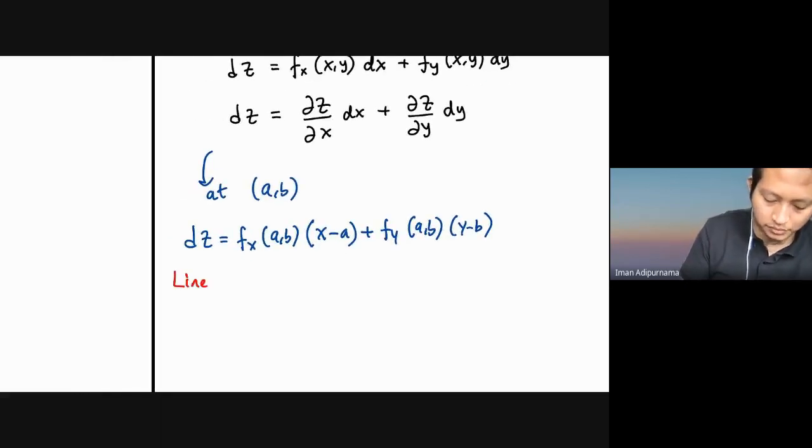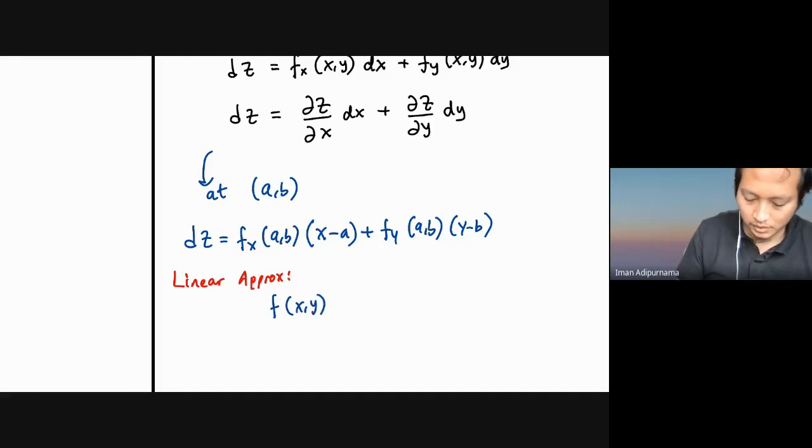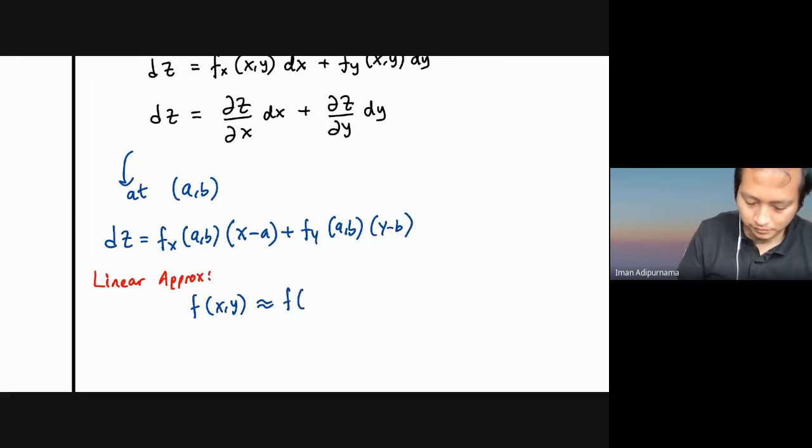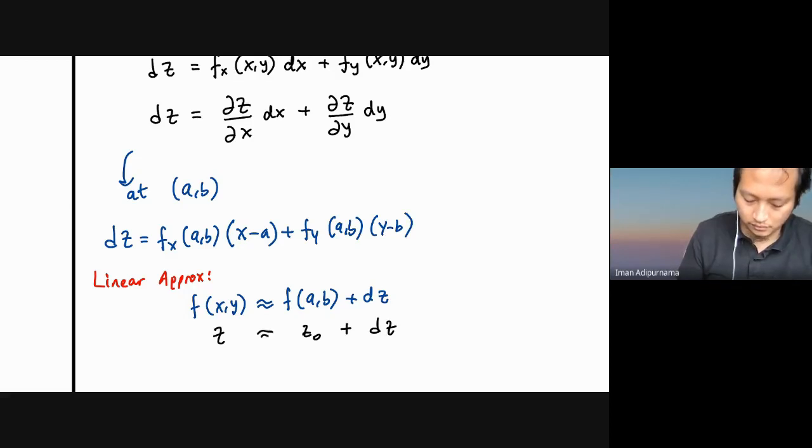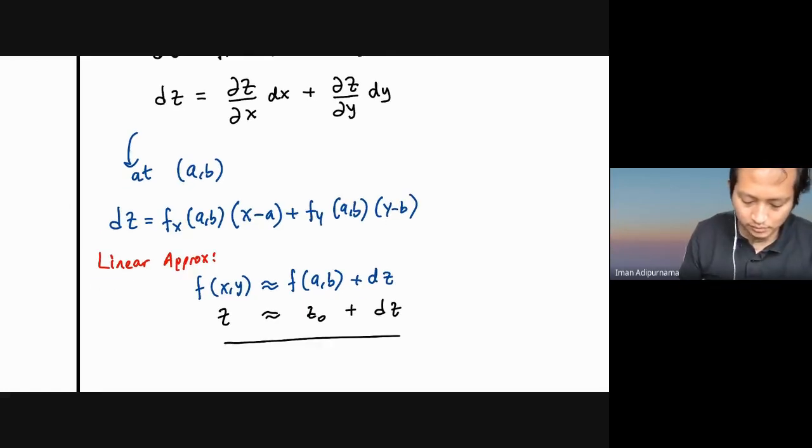And our linear approximation will be approaching this. This is our z, this is our z0, and this is dz. Okay, so I hope you get the point. So this is what we got. At the end of the day, that is what we are going to have.